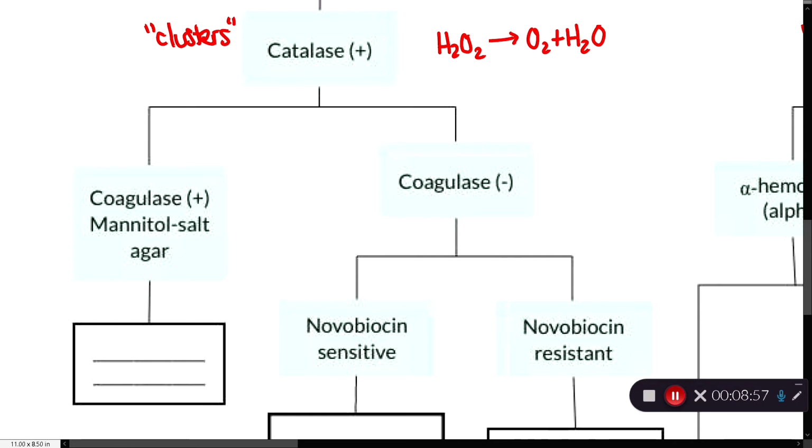Okay. So if it tells us that it's not only catalase positive, but also coagulase positive, it can only mean one thing. So this is the etiologic agent of surgical wound infections, abscesses.